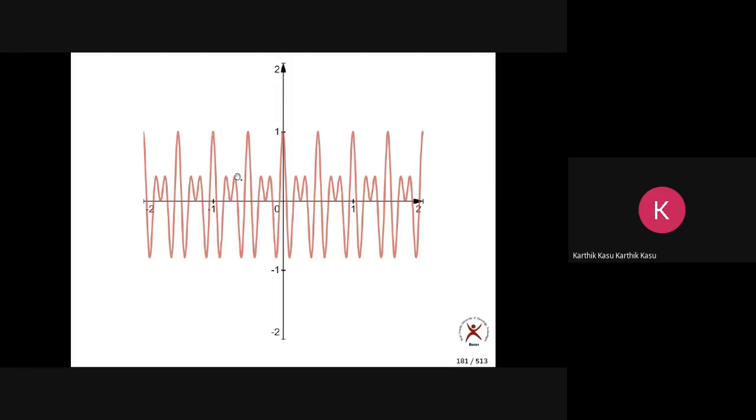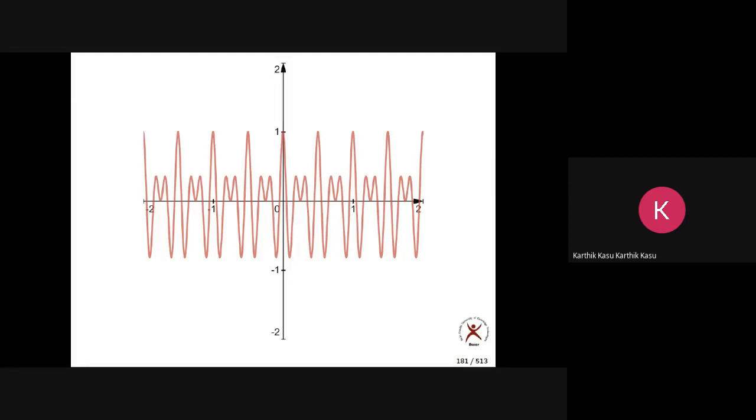Anybody? I am showing how to join the peaks. What do you get? I have drawn the joining of the peaks. Now tell me, what is the envelope of your DSBSC?